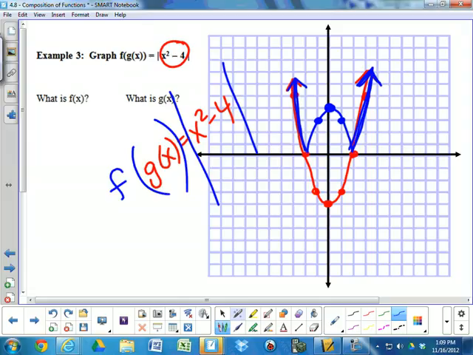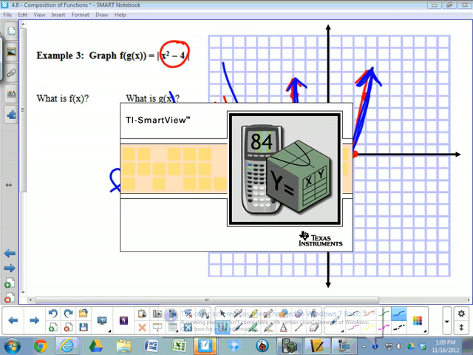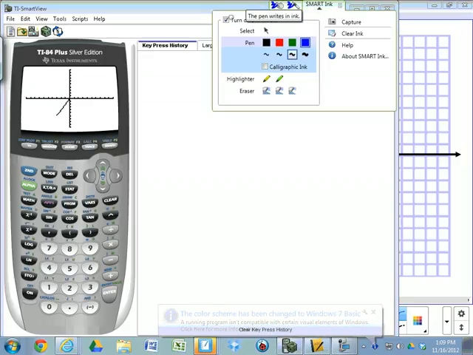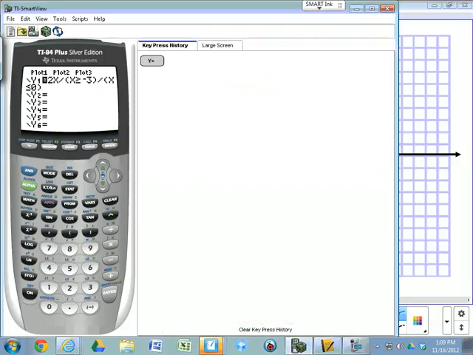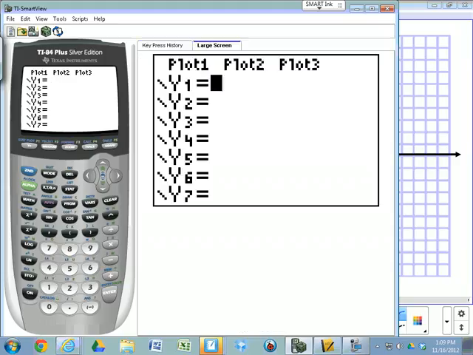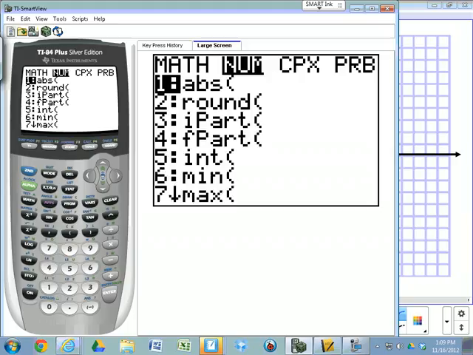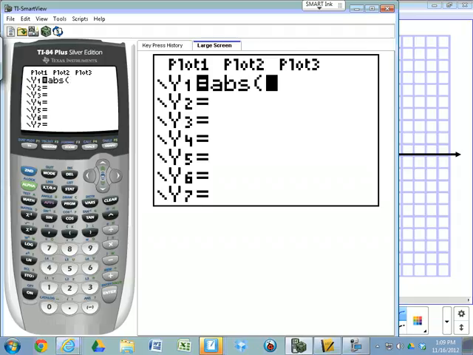To try it on your calculator, enter y equals, clear anything old out. To put in the absolute value, you go to Math, and then over to the Number menu, and select number 1, ABS. My calculator has an old operating system, so it leaves the ABS.